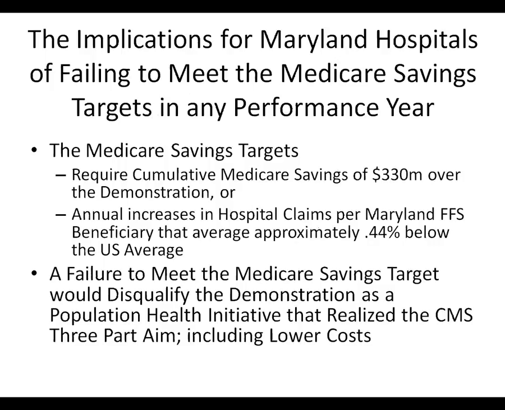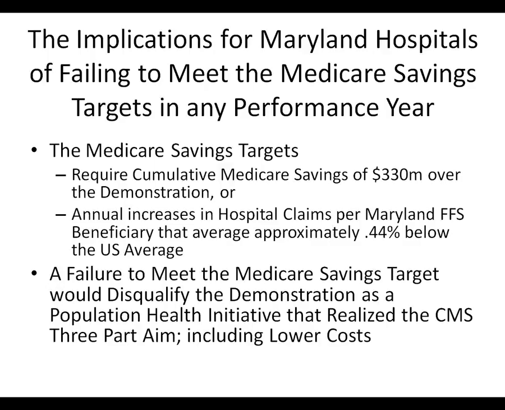The Medicare savings targets are formulated in a manner within the demonstration which I think is a little bit obscure. They require that the cumulative Medicare savings relative to the national average rate of increase in hospital claims for Part A and Part B services per fee-for-service beneficiary total $330 million over the demonstration.